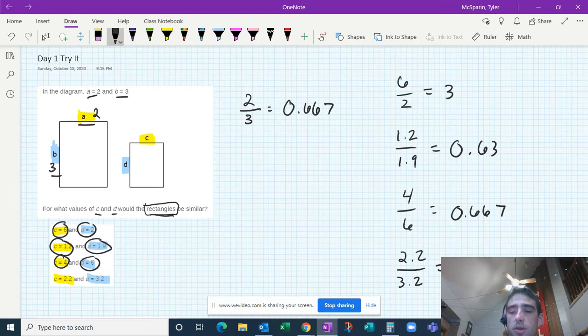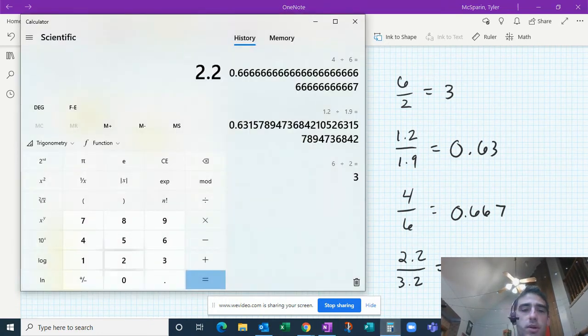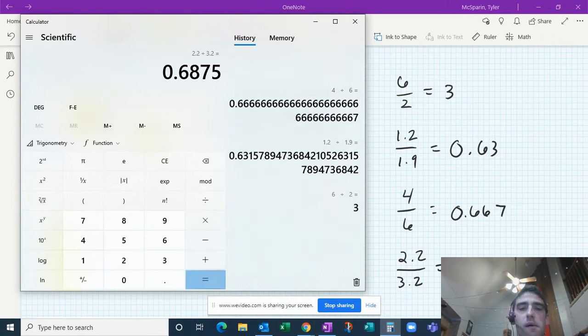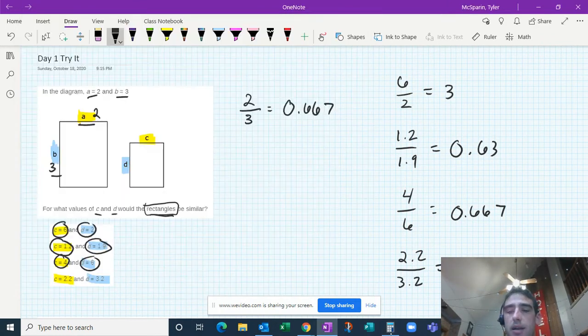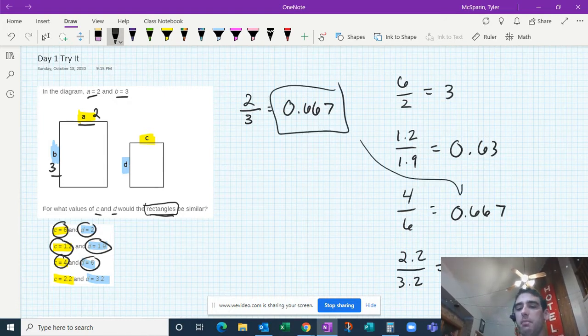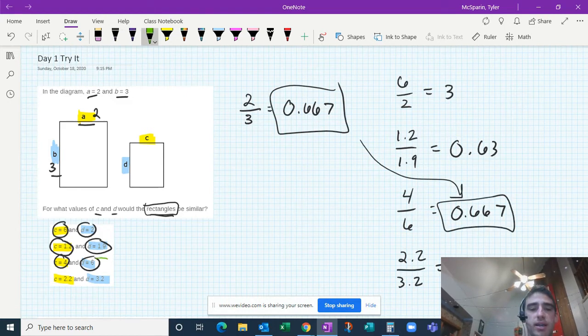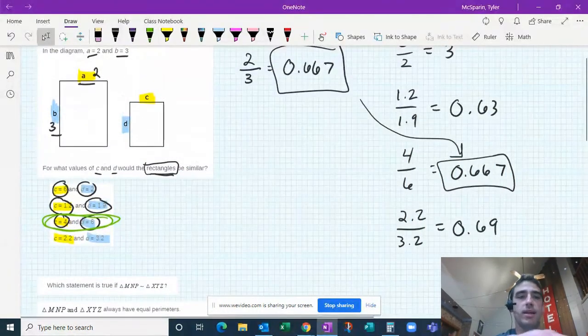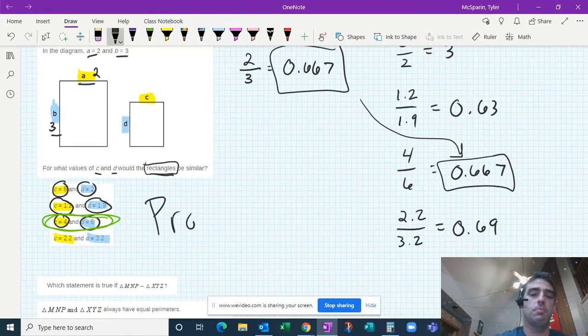And then 2.2 divided by 3.2, and that's 0.69. Now, remember, we're comparing to this one, and we see that it matches with this one. So 4 and 6 is my correct answer because it makes the same fractions. That means the sides are proportional. We'll write that in: proportional.